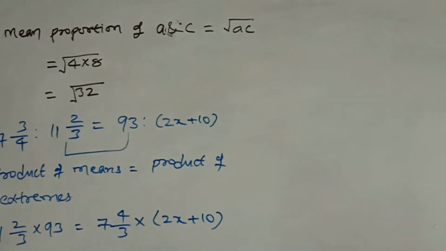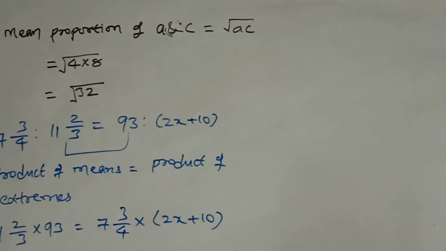Now change it into improper fractions. That's equal to 11 3s are 33, 33 plus 2 is 35 by 3 into 93 is equal to 7 4s are 28 plus 3, 31 by 4 into 2x plus 10.